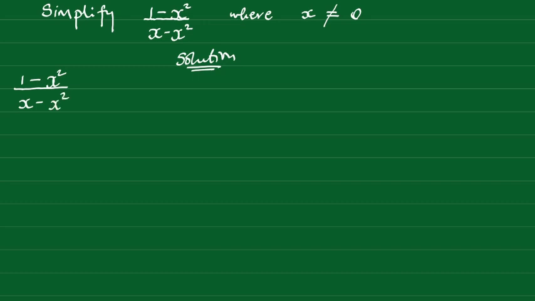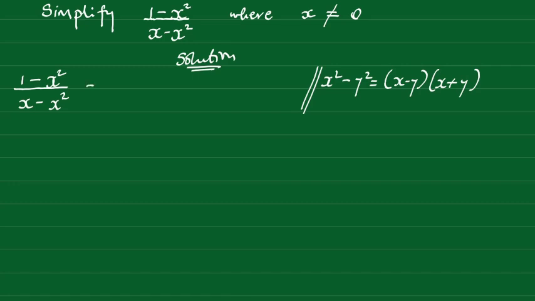Now we know that the numerator is the difference of two square terms. That is, it involves a situation where we have x squared minus y squared equal to (x minus y)(x plus y), while at our denominator we can factor out x.